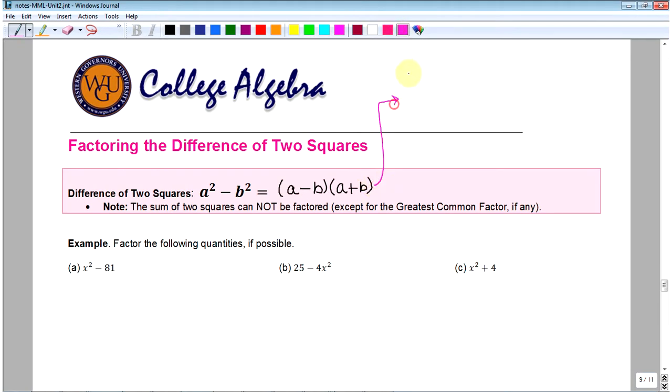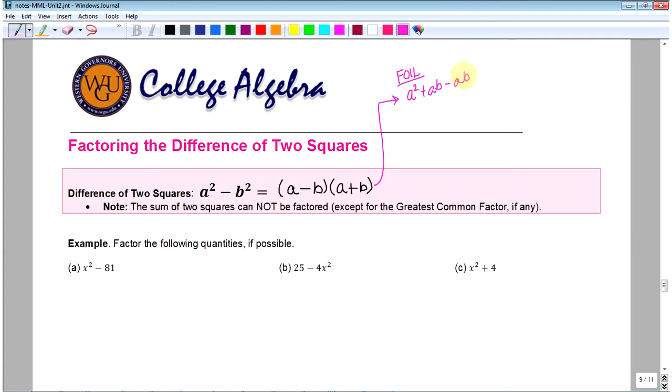We can check our answer by multiplying this out using the distributive property. I'm going to use the FOIL version of the distributive property. First times first gives us a squared. Outer times outer is plus ab. Inner times inner, so negative b times a, is the same thing as negative a times b.